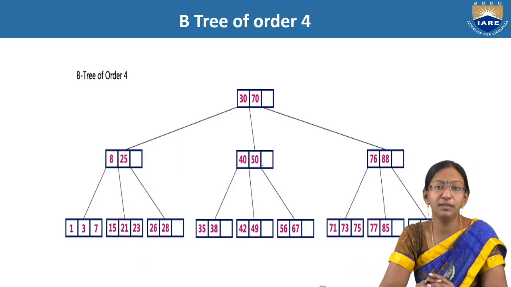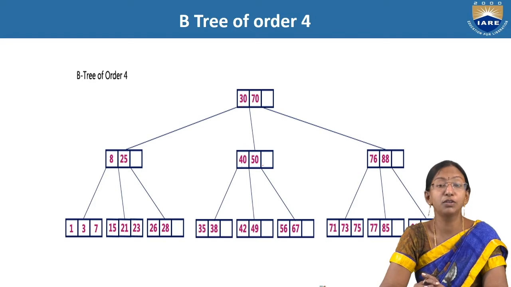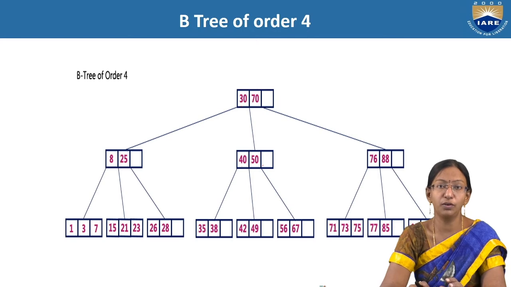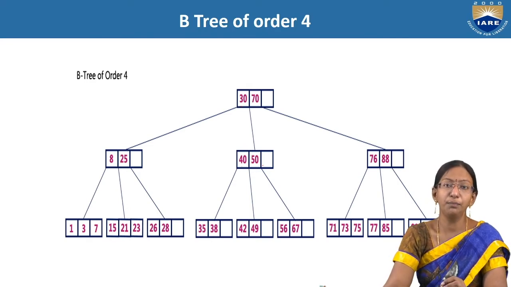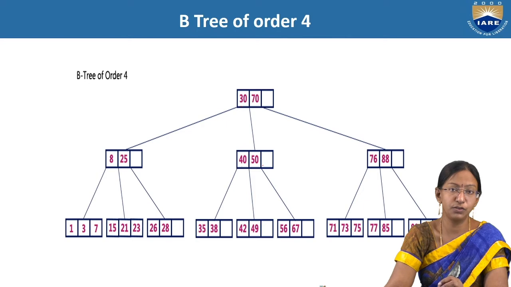Have a look at this example of a B tree of order 4, meaning 4 children and 3 keys. Look at each and every node and its corresponding children. You can see that all the left-hand children of any key value will be less than the key, and the right children will be greater than the key, the same property as a binary search tree.